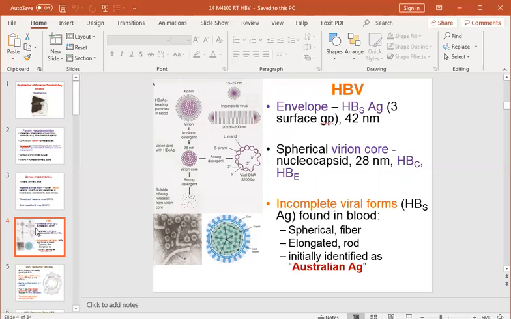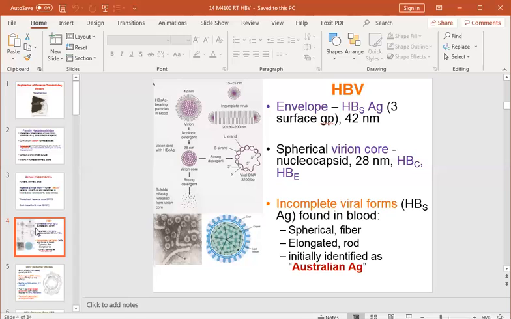The virus also has a spherical virion core that includes the nucleocapsid. The diameter is 28 nanometers, and it includes HBc and HBe. Sometimes we only find hepatitis B surface antigen in the blood, just the glycoprotein without the capsid or the nucleocapsid and the genome.